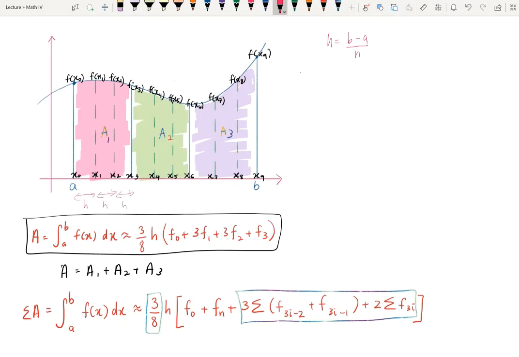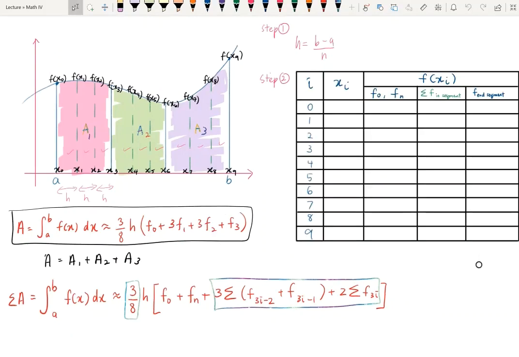Okay, and we have 1, 2, 3, 4, 5, 6, 7, 8, 9. Okay, we have 9 subsegment. Then second step, you need to prepare a table similar with the one-third rule punya. Okay, macam ni tablenya. Now I will show you how you can use this table and where to put the value that you calculate.